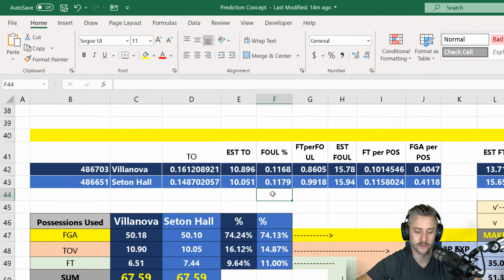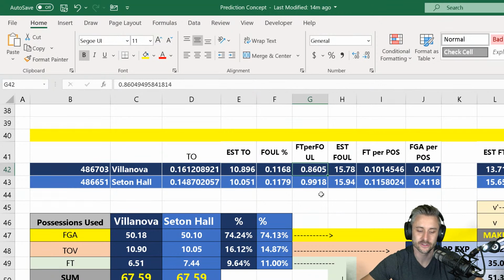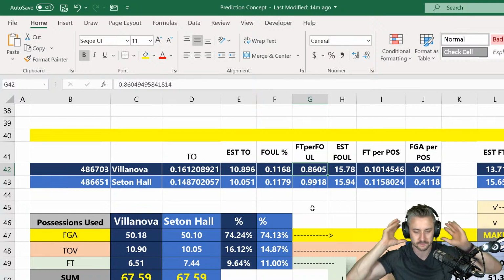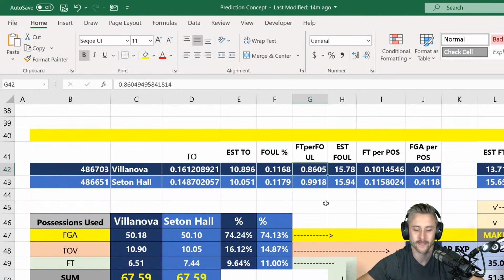So Villanova's and Seton Hall's expected foul percentage are very similar, right? And I have another stat I calculate: free throws per foul. So how many free throws did a team shoot per foul drawn? Villanova shoots about 0.86, Seton Hall about 0.99. For every foul they draw, that's how many free throws they shoot on average. Important to know.